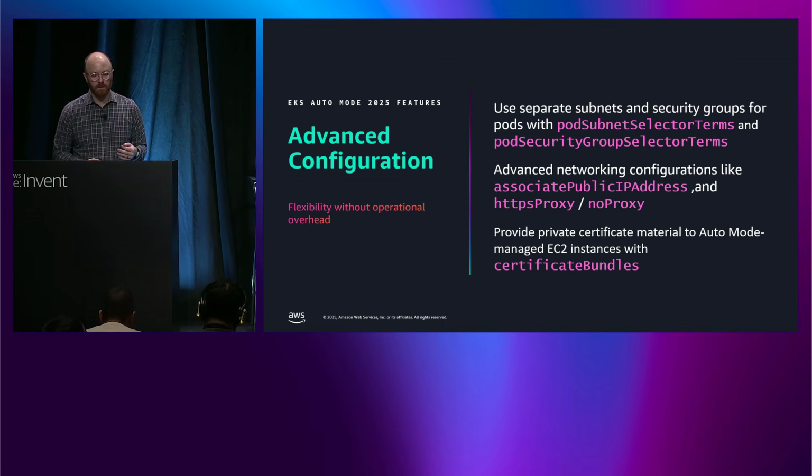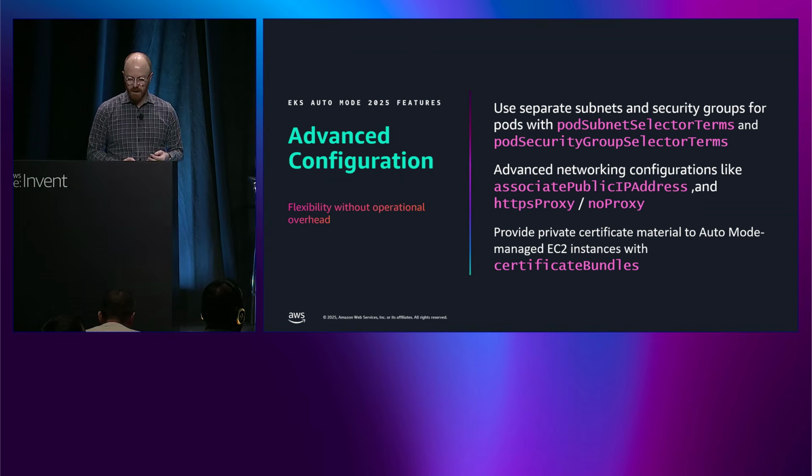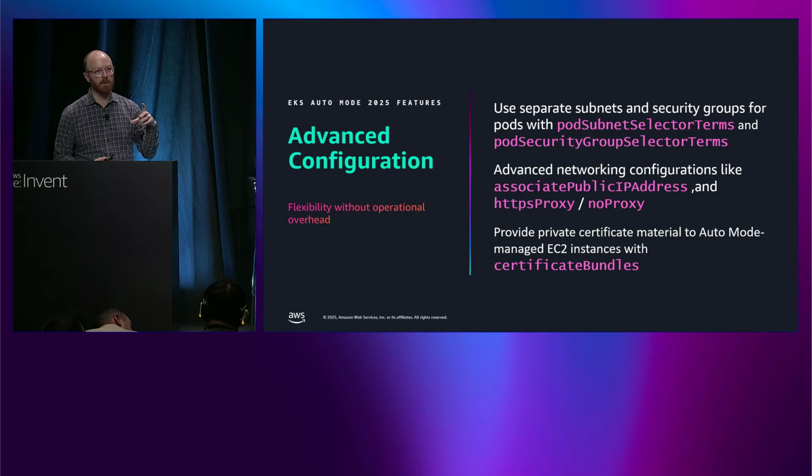We've heard a lot that customers needed to provide various private certificate authority material to the nodes that Auto Mode runs, to be able to authenticate with other systems in their environment. So you can now do this through the certificate bundles parameter. This lets you provide a set of public key material for Auto Mode instances to use as they communicate with other services in your network.